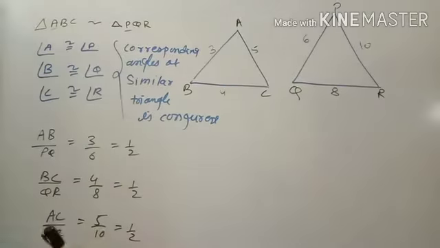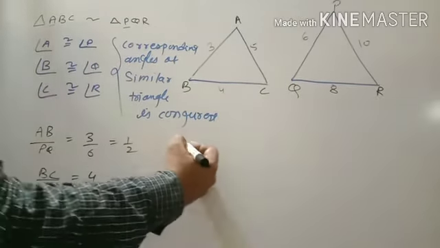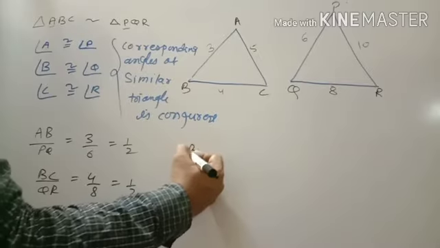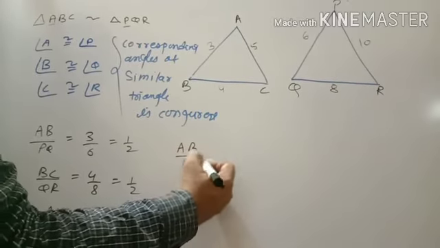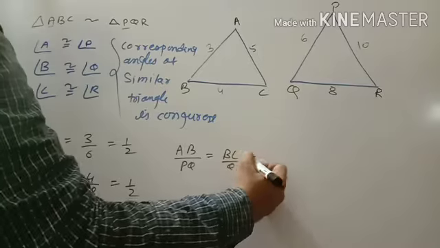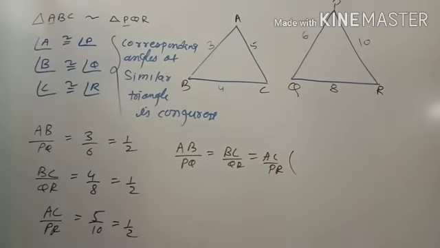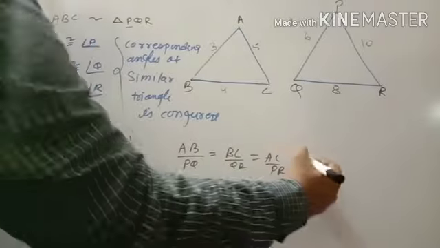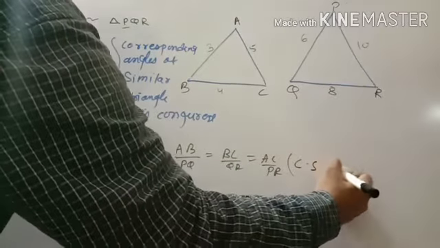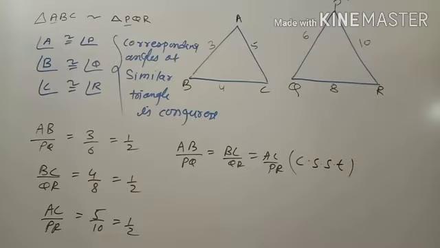So the ratio of the corresponding sides are same. Therefore AB upon PQ is equal to BC upon QR is equal to AC upon PR. And the reason for this is: corresponding sides of similar triangles are in proportion.